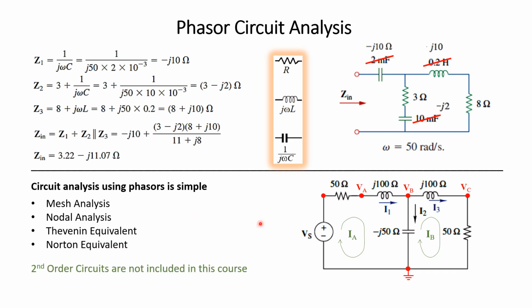I have included this circuit in my lecture. So this is not a first order circuit. It is a third order circuit: 1, 2, and 3. Note that if more than one inductor is connected in parallel or in series, it will be considered as one equivalent inductor.